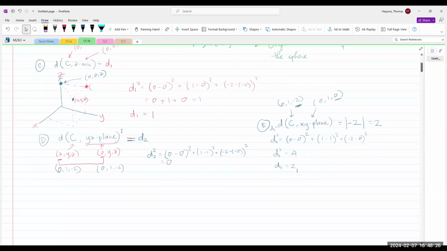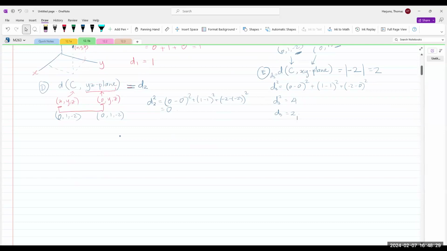Okay. Now let's go on to the midpoint formula. In 2D, we learned this in, I think, algebra 1, if not in algebra 2.